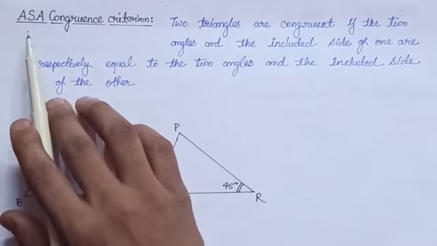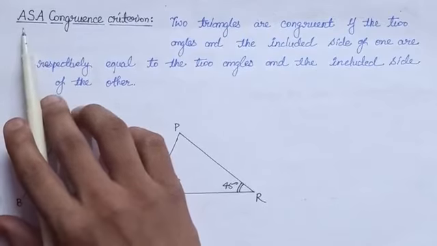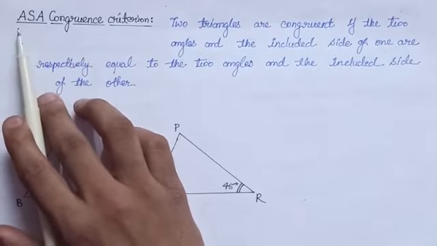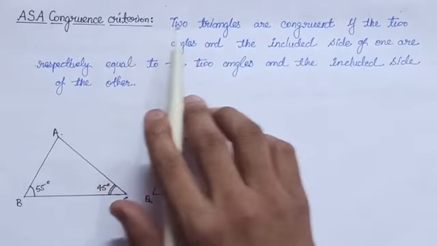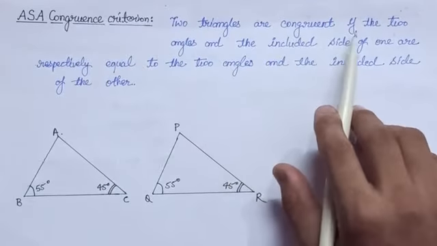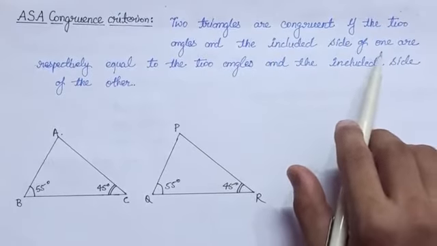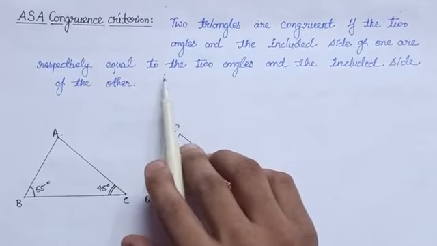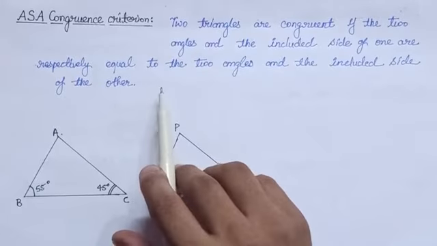The next criterion for congruency of triangles is ASA congruency. Here the term ASA means angle side angle. So according to this congruency criterion, two triangles are congruent if the two angles and the included side of one are respectively equal to the two angles and the included side of the other triangle.